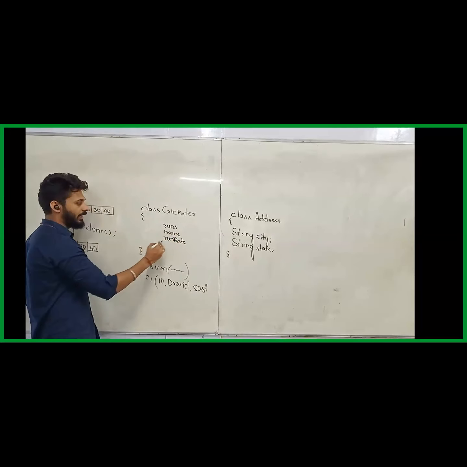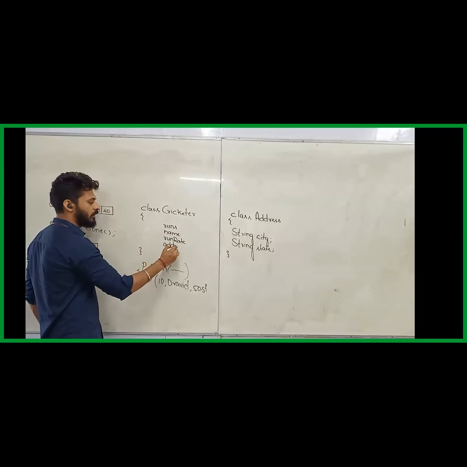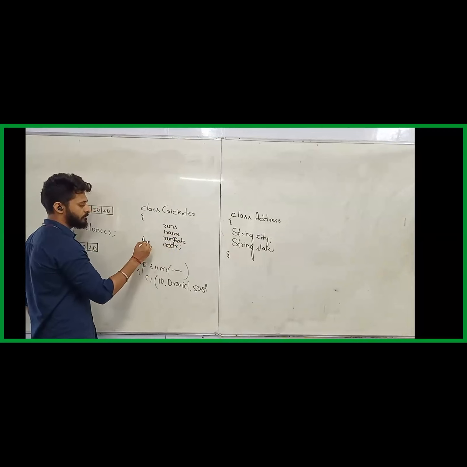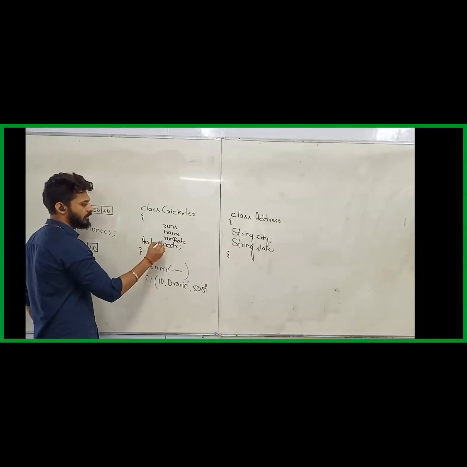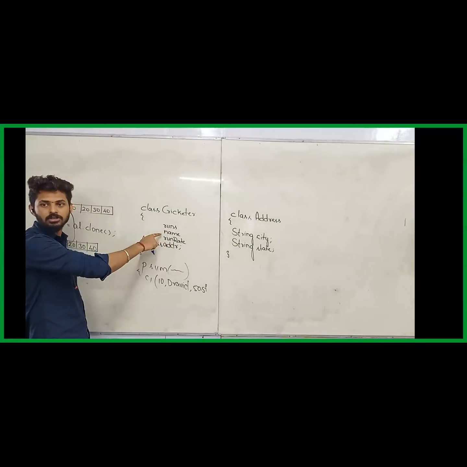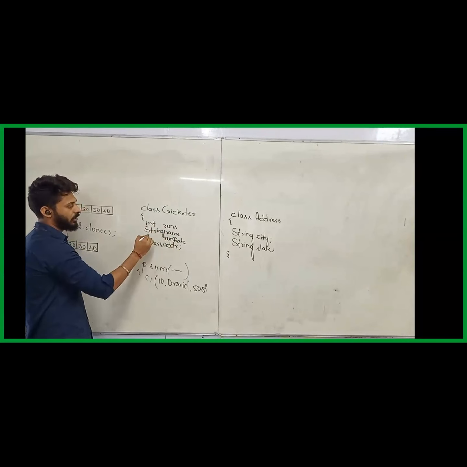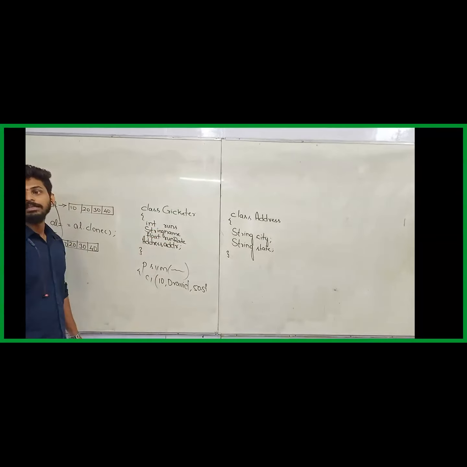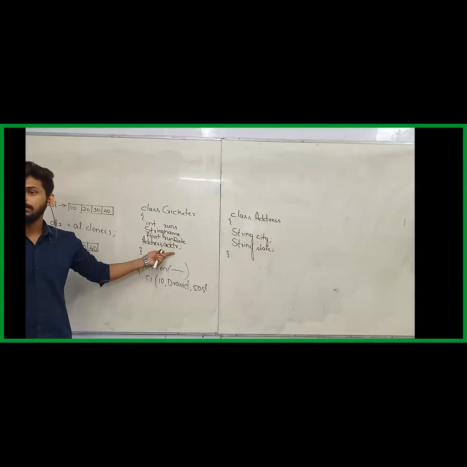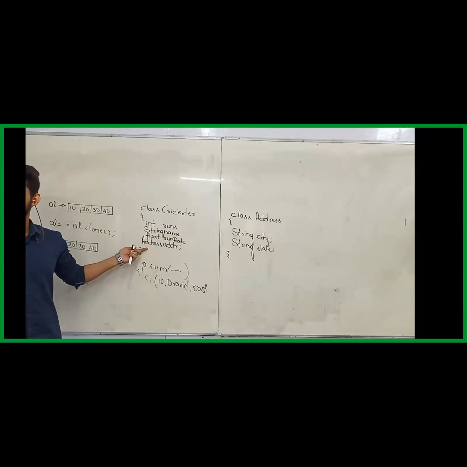Along with that, I need one Address variable. These are nothing but normal variables. Yes or no? Runs will be your integer, name will be your string, whereas run rate will be your float. But what is this one? This is a reference variable. Means what is the type of address? Address only. Yes or no? Am I right?